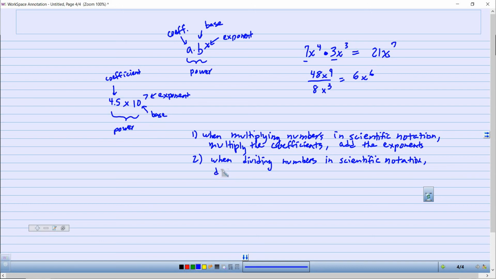We're going to divide the coefficients, and we are going to subtract the exponents. Kind of silly to use line paper and then not write on the lines, huh?